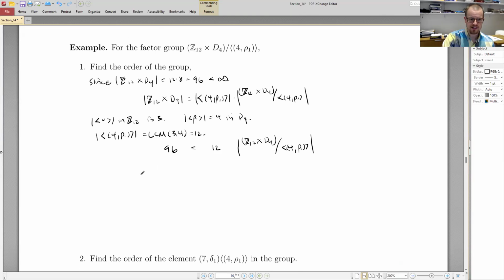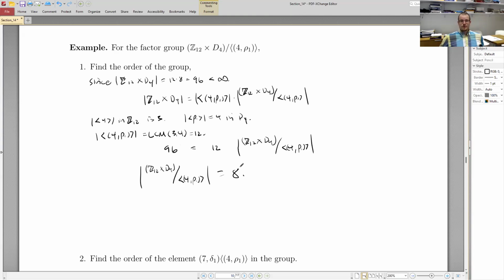Division by 12 gives us that the order of the group Z12 direct product with D4 mod what's generated by 4 and row 1, 96 divided by 12, gives us 8.